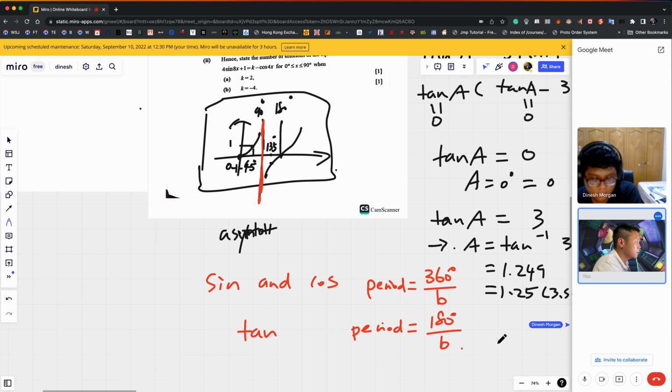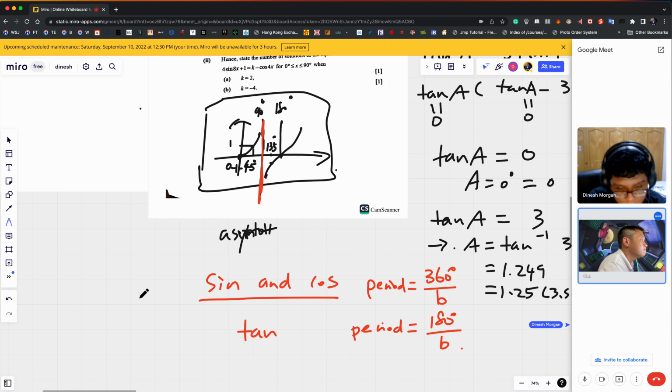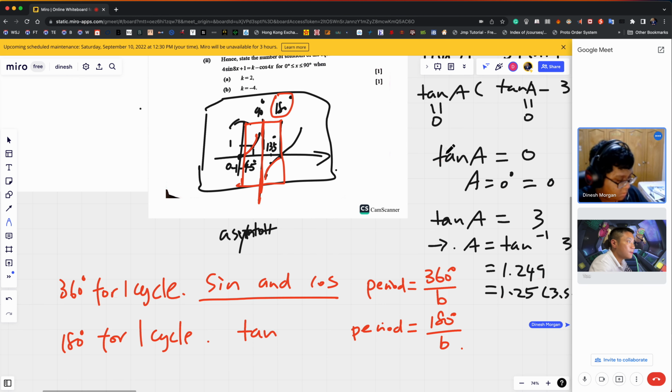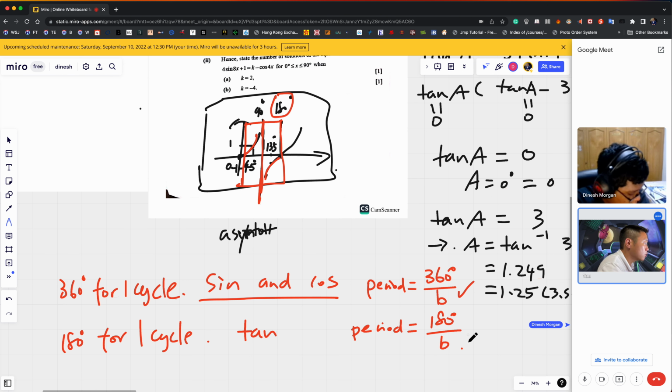So what I'm trying to tell you is for sine and cosine, the basic curve is 360 for one cycle, but for tangent it is 180 for one cycle. You can tell from here, this one and this one. This is one cycle, which is 180. So take note of this. Next.